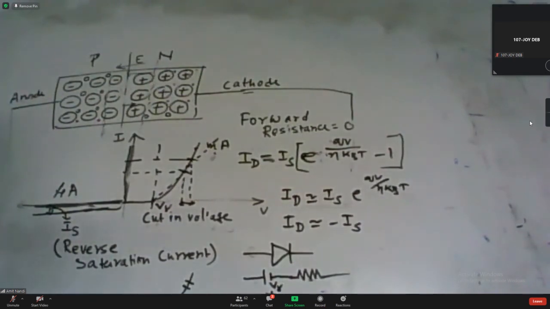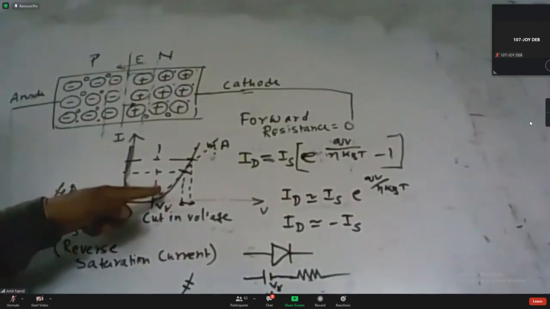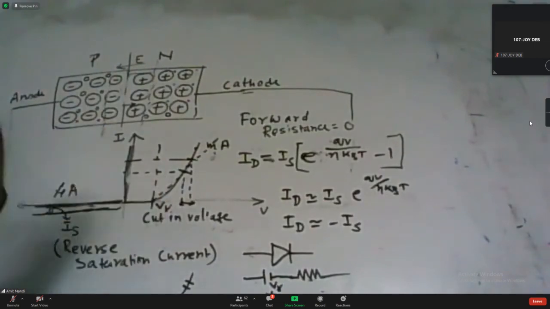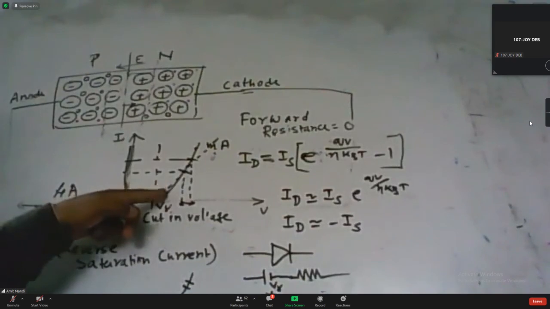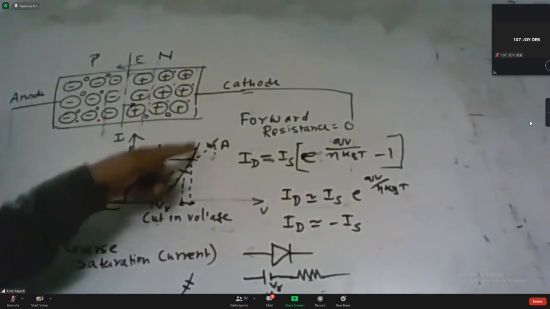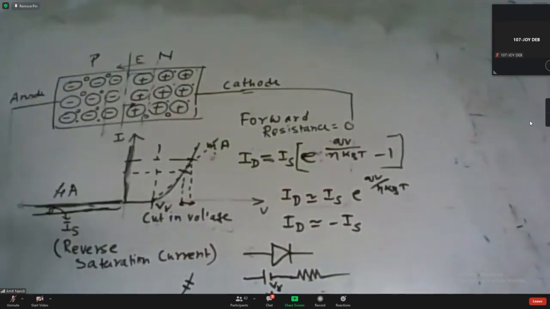But in the case of a diode, if we change the operating point, say if we calculate at this point, that is the operating point, we get some resistance value. If we change the operating point from here to here, its value will change. If we change it from this point to this point, its value will change again. So the resistance value totally depends on the operating point. For that reason, it is called dynamic resistance.